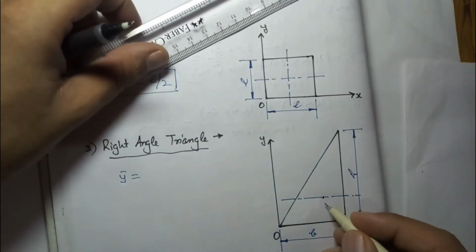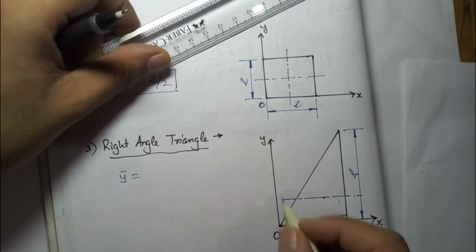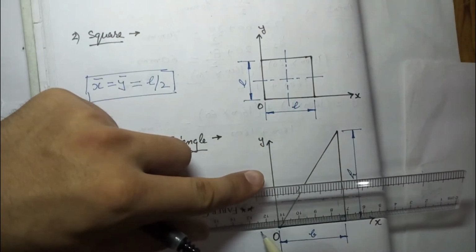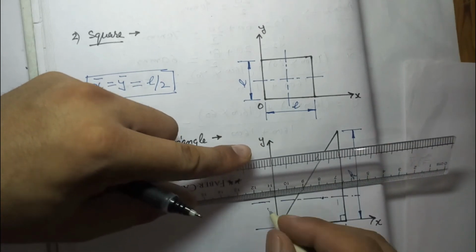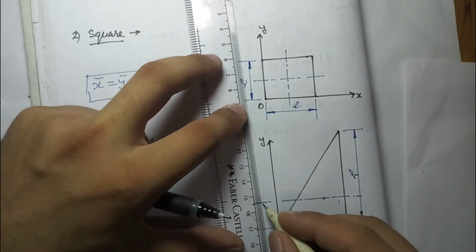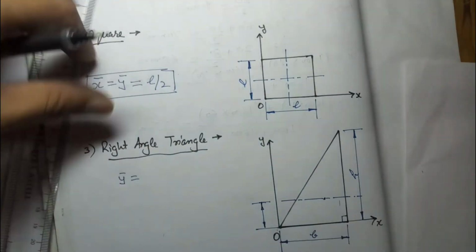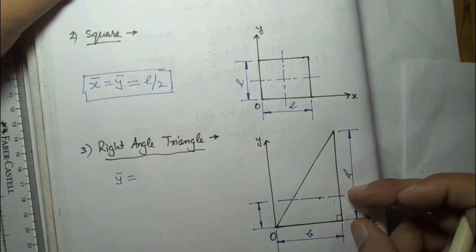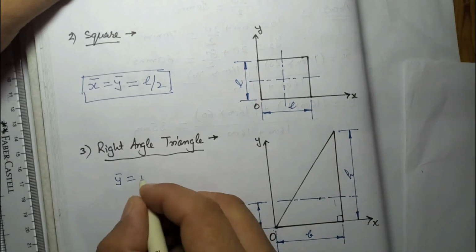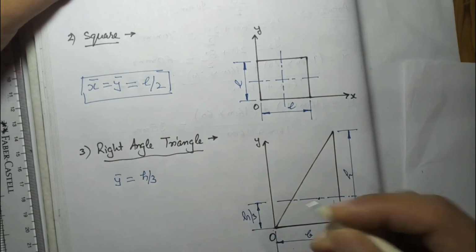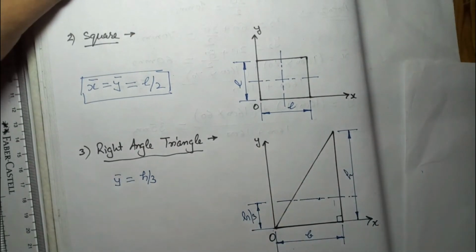So what is y bar? The distance in the direction of y from the x-axis, this gap. This gap will be y bar, right? And y bar will be h by 3. So you have to remember this: y bar is h by 3.